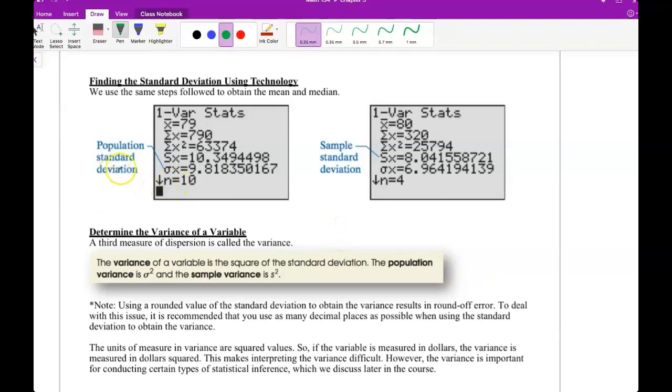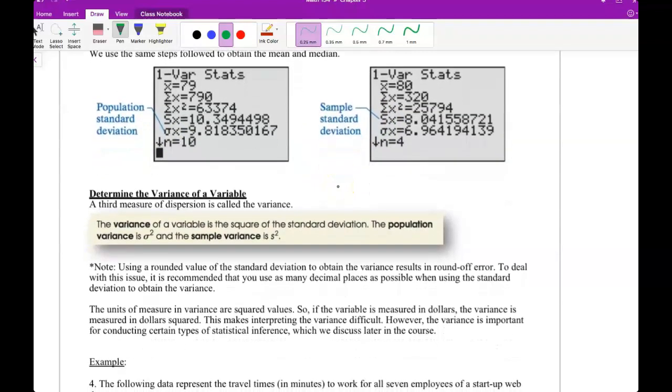Okay, next page. On this part, it's just showing us which one is population standard deviation and which one is sample standard deviation when you use TI-83/84. Here sigma is population standard deviation, and here S, the one starting with S, is for sample standard deviation. Now here we should find variance.